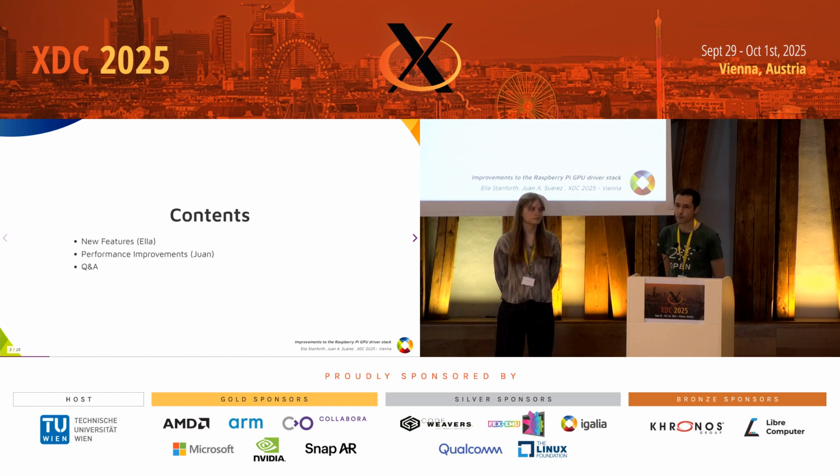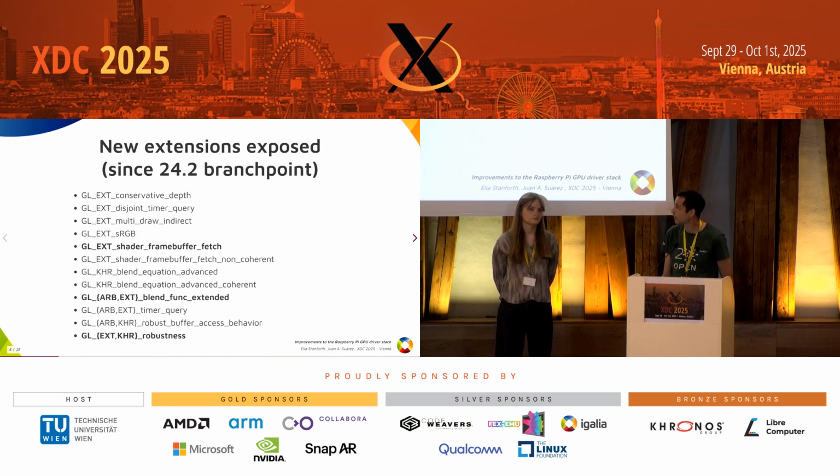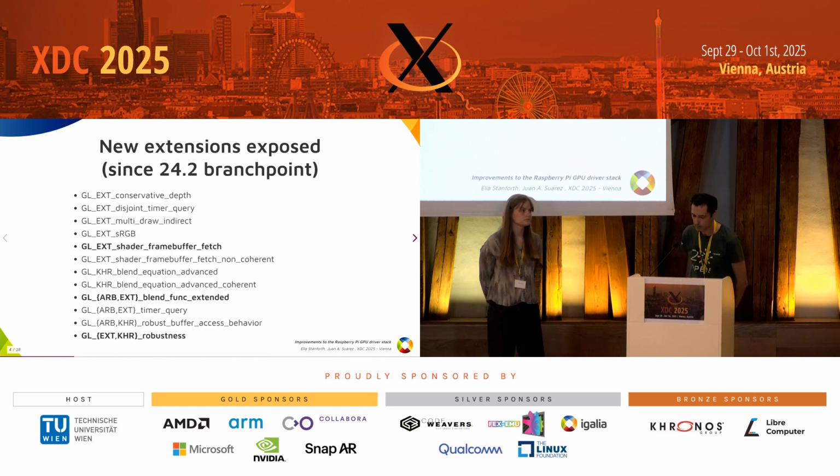One is the features we are developing for the Raspberry Pi driver, specifically for the GL driver called V3D. And then we will show some work we did to improve the performance in the same driver. And finally, we have some questions. So for the first part, Ella will introduce this part.